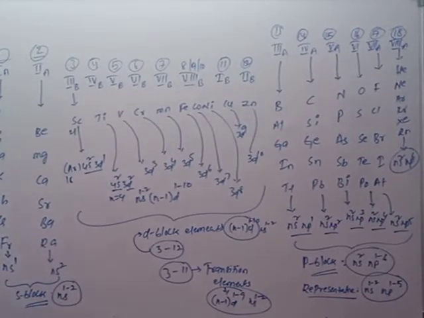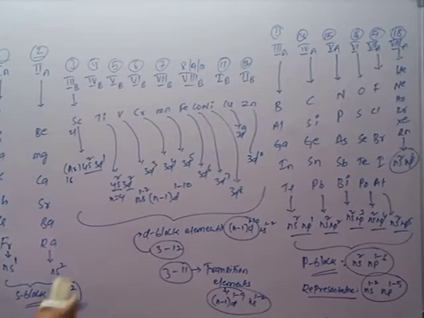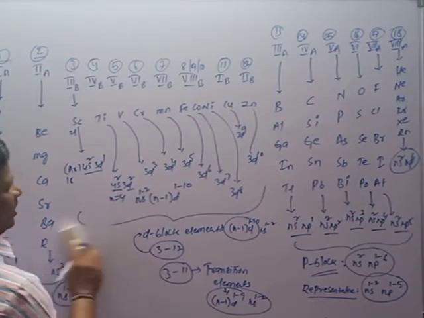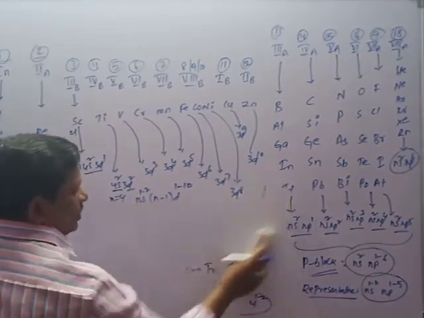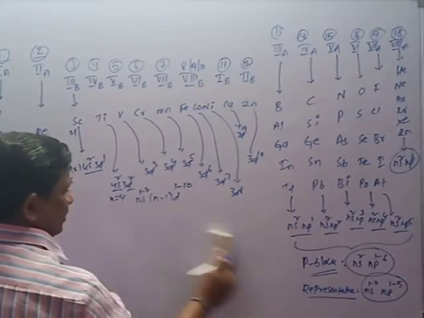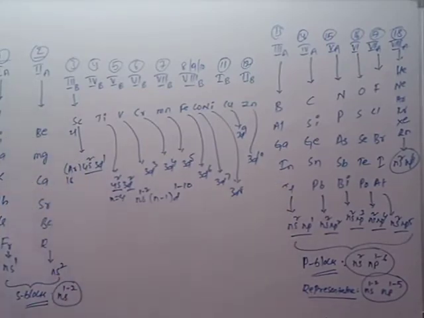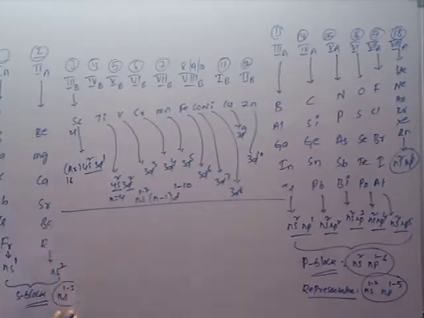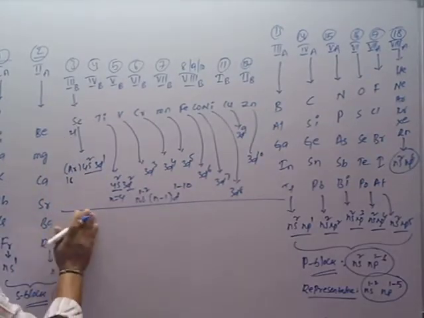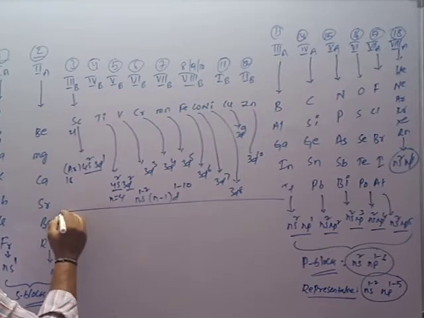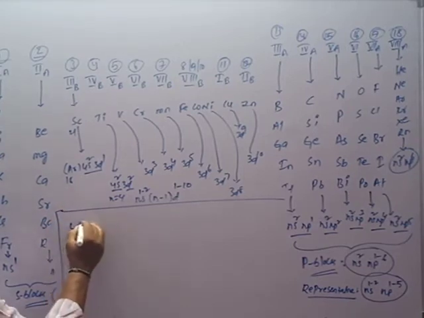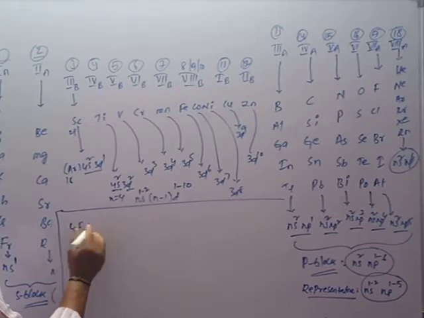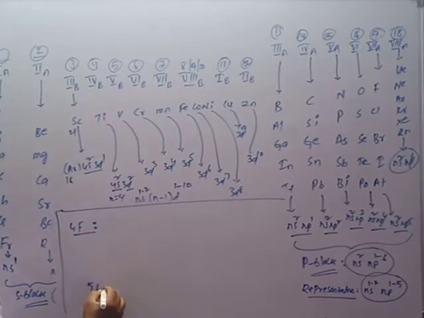Next, at the bottom of the periodic table, two rows are present. These are the lanthanides and the actinides. The lanthanides are the 4f series elements, and the actinides are the 5f series elements.